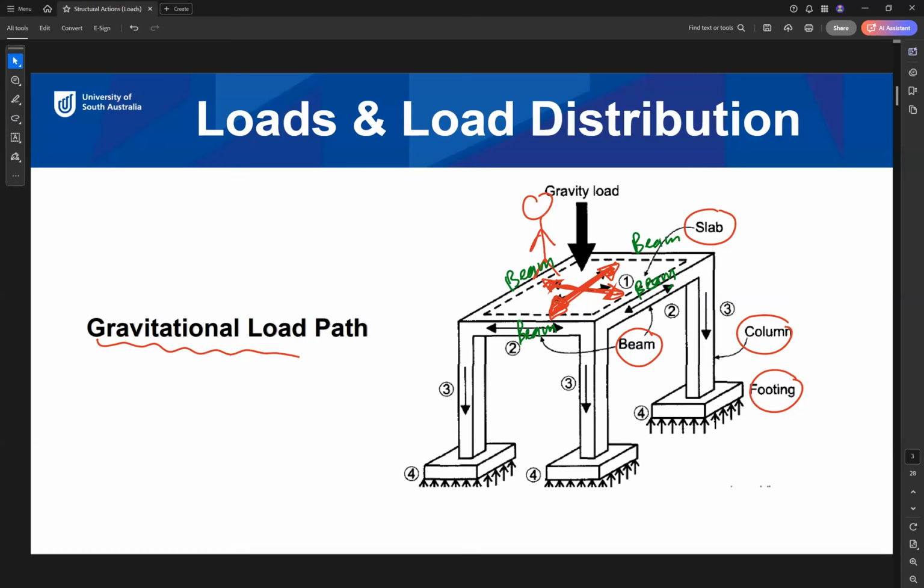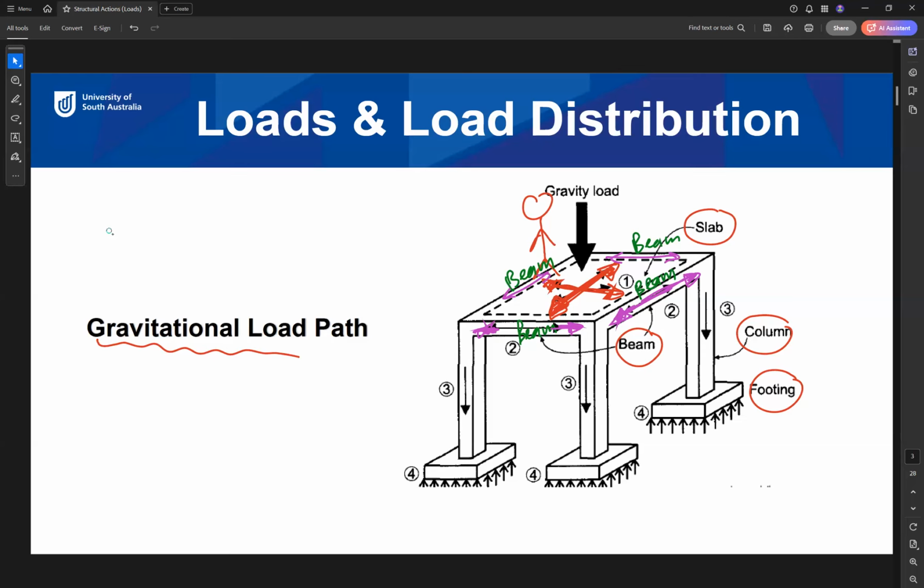So this is the first step. Then the load will transfer through the beams in this direction, for example, to the columns, and in this direction also to the columns, and similarly for the beams on the other sides.